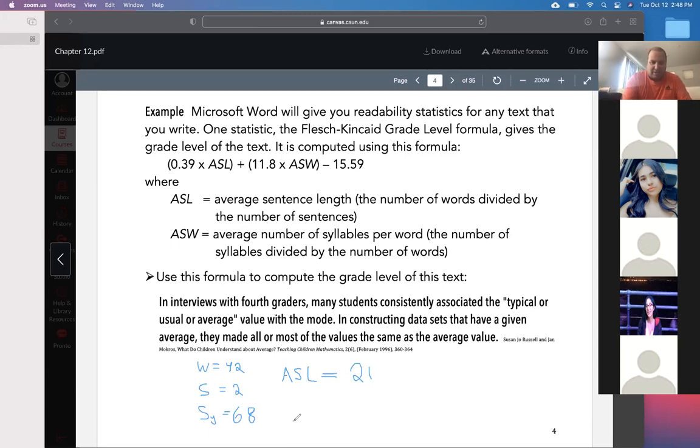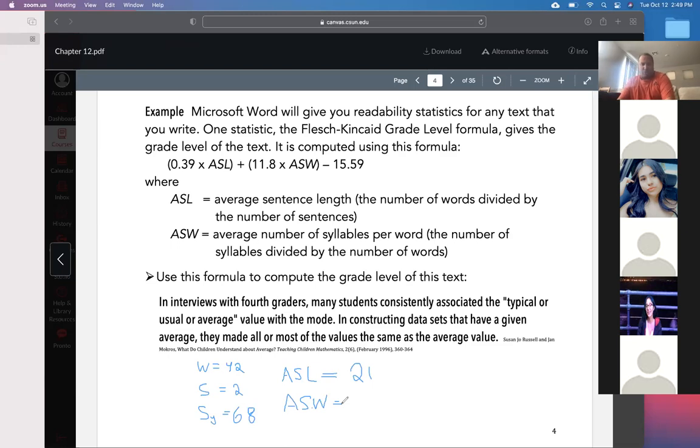Okay, so what is the ASW? Would it be a decimal?